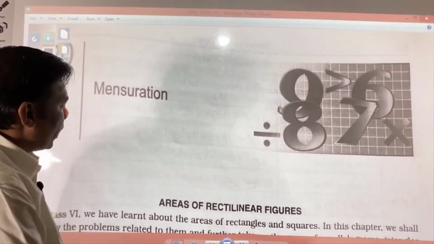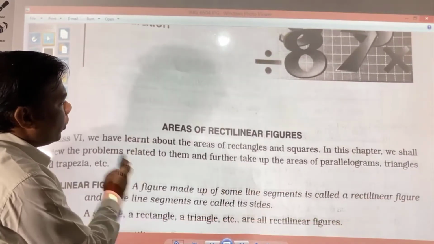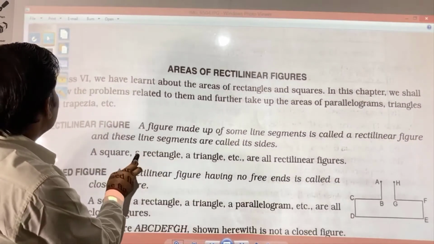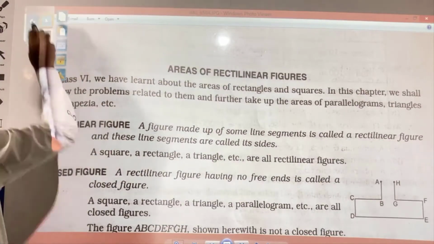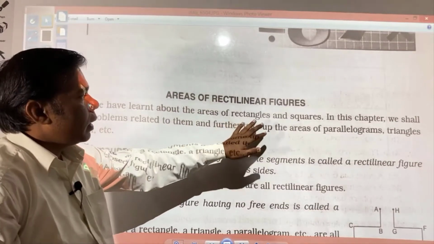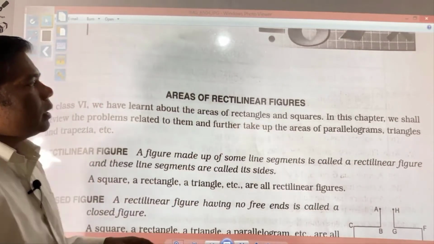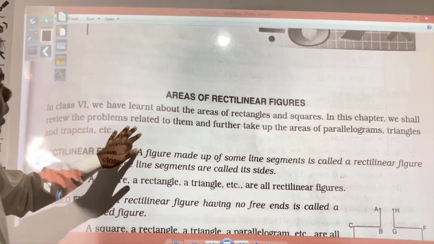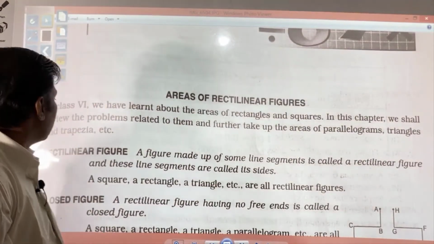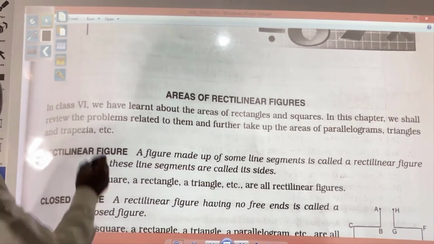Here we will first start with areas of rectilinear figures. In class 6 we learned about the areas of rectangles and squares. In this class we shall review the problems related to them and further take up the areas of parallelograms, triangles and trapezium.